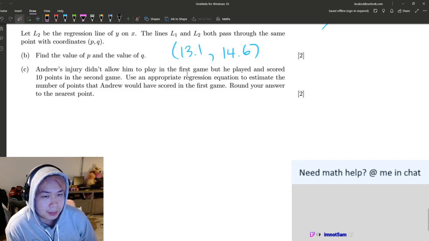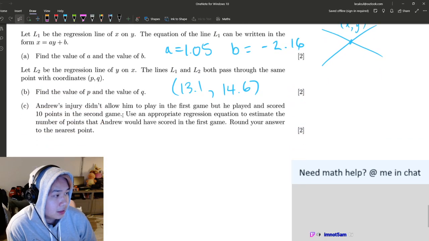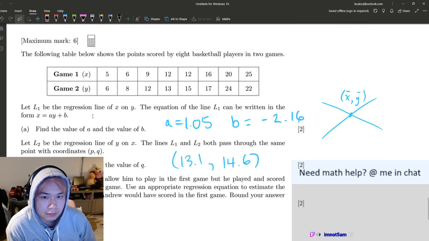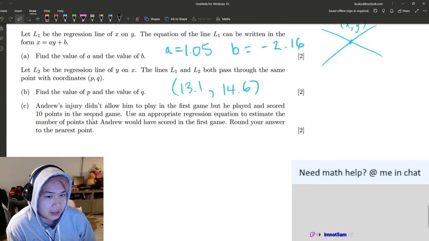Andrew's injury didn't allow him to play in the first game, but he played and scored 10 points in the second game. Use an appropriate regression equation to estimate the number of points he would have scored in the first game. Round your answer to the nearest point. Okay, so we know how much he scored on the second game.